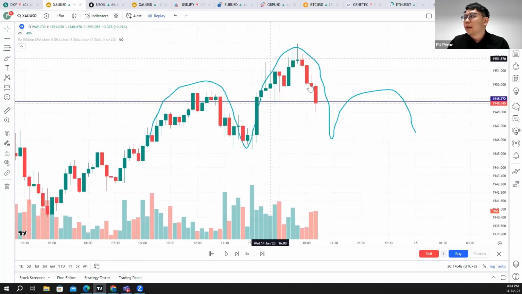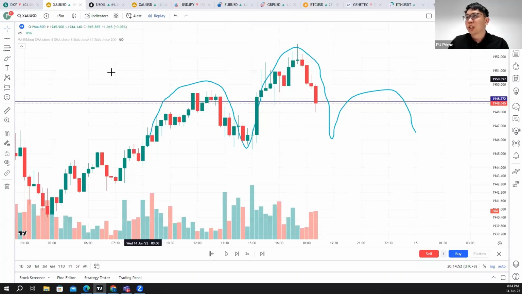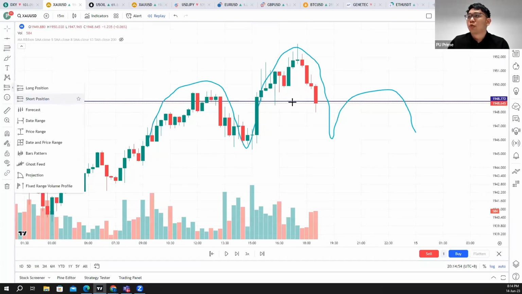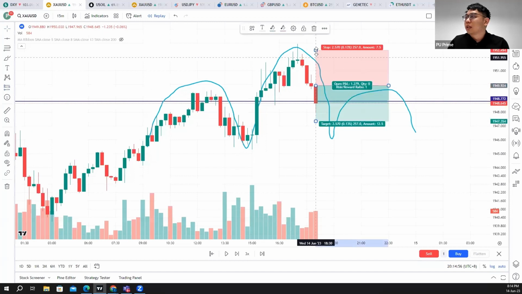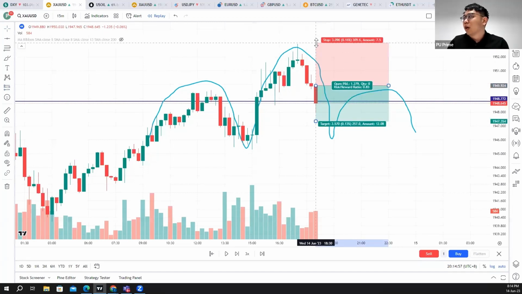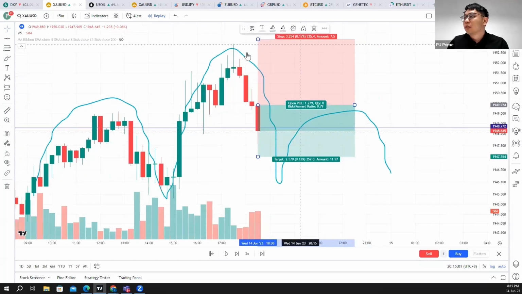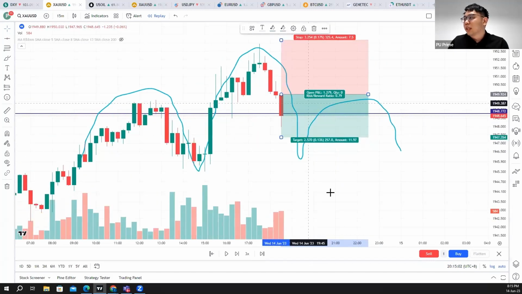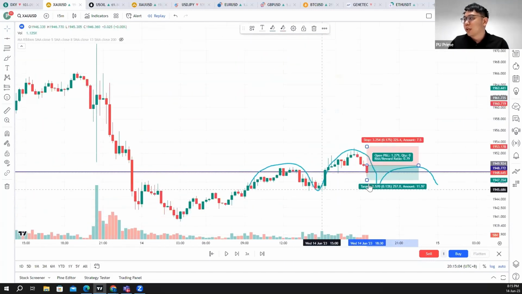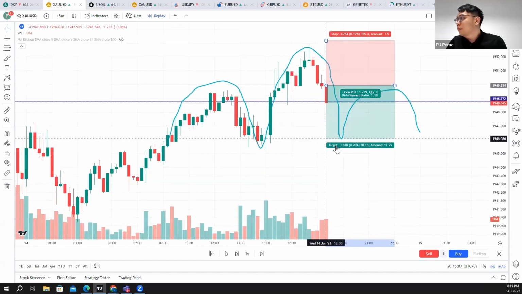So maybe I spotted this earlier, and then I open my position here, and I want to do a short. I can set my stop loss here, maybe with a little bit of buffer after the tail. And because it is a head and shoulders, right? Maybe I'll take my profit about here.